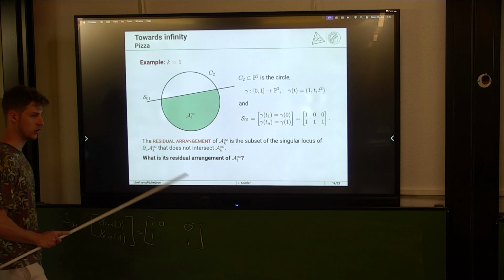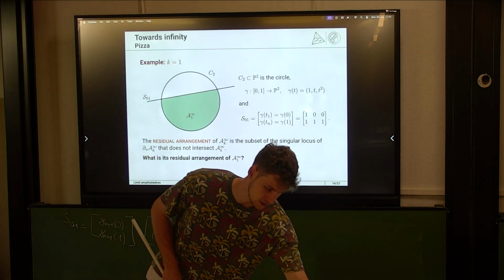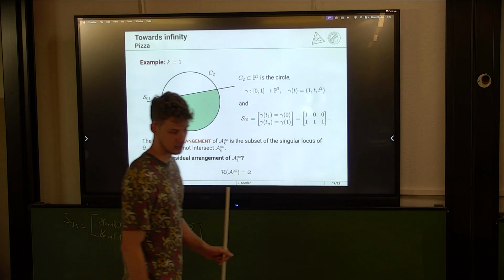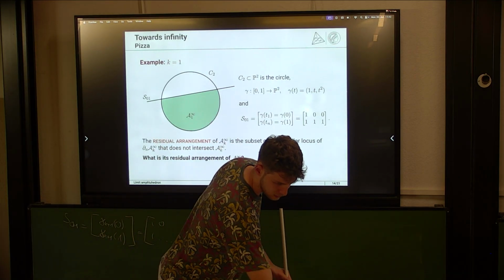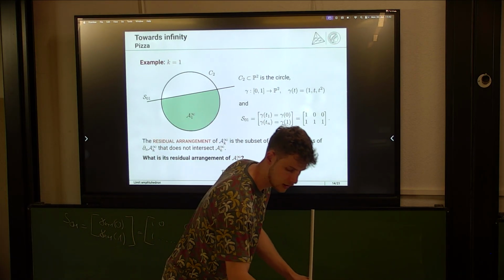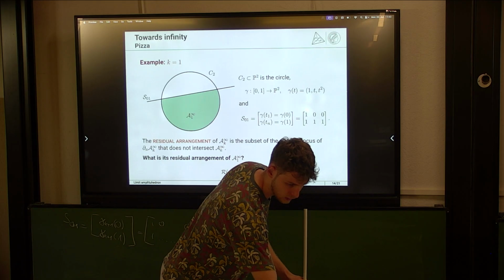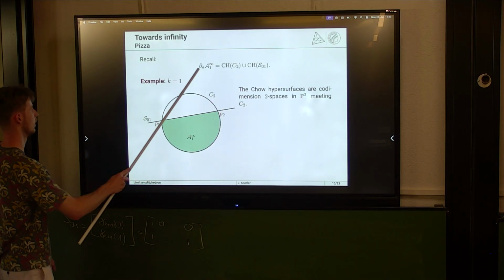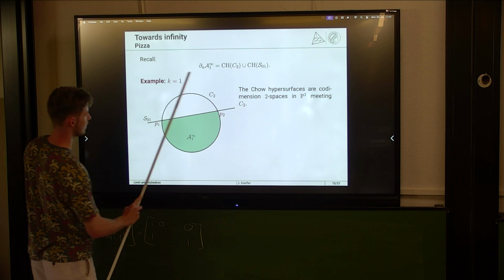So in fact we know that the residual arrangement for the limit amplitude is empty, which tells us that the canonical form is really just given by the Chow form of the circle and the Chow form of the secant line. This is what the main theorem of ours says.